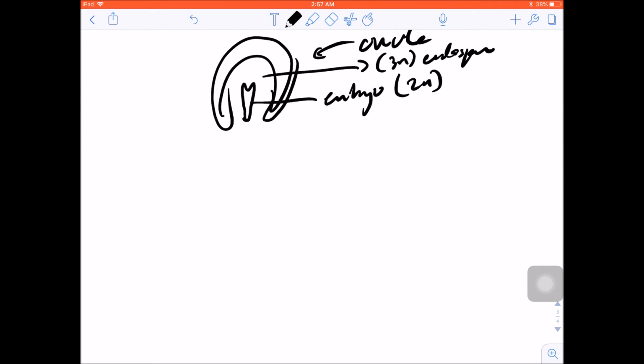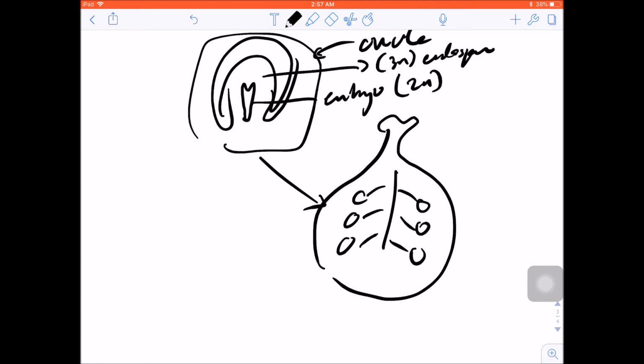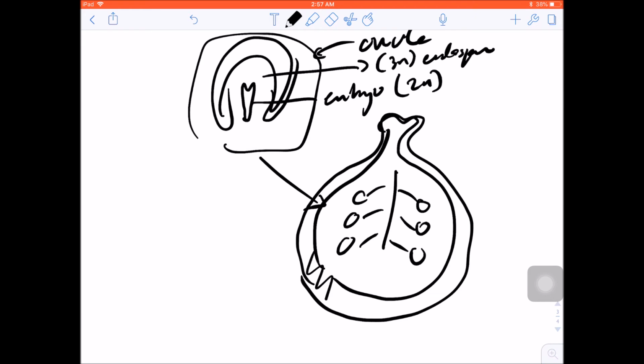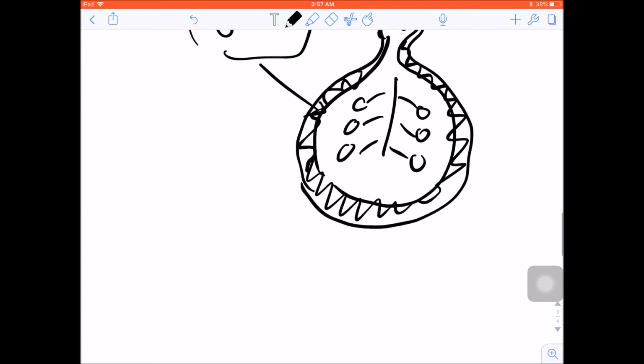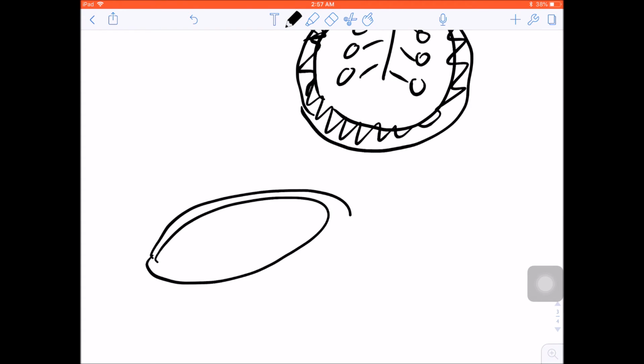And this entire structure is encapsulated inside of an ovary. Now, that ovary then matures, changes structure, and becomes a fruit. And that fruit is simply that protective outer layer that holds all the mature seeds.